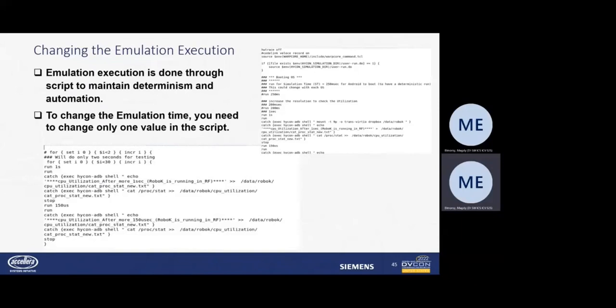If you'd like to change, for example, the sampling mechanism, the sampling period, or the sampling interval, or the time to boot the OS because you are using another OS, you just need to change the values in this script very easily, and you can make them suitable to your operating system, to your application, or to your setup.